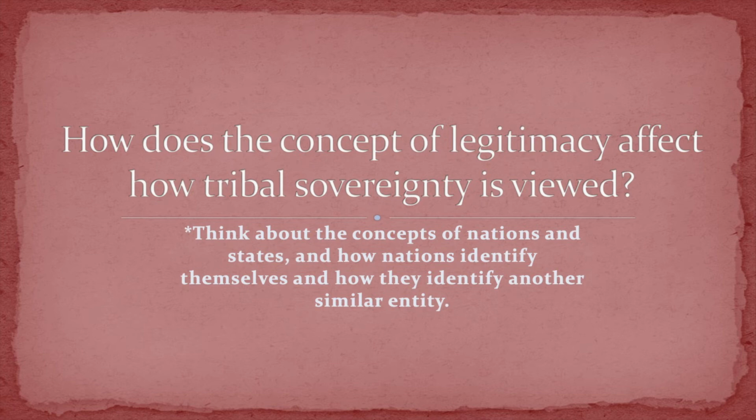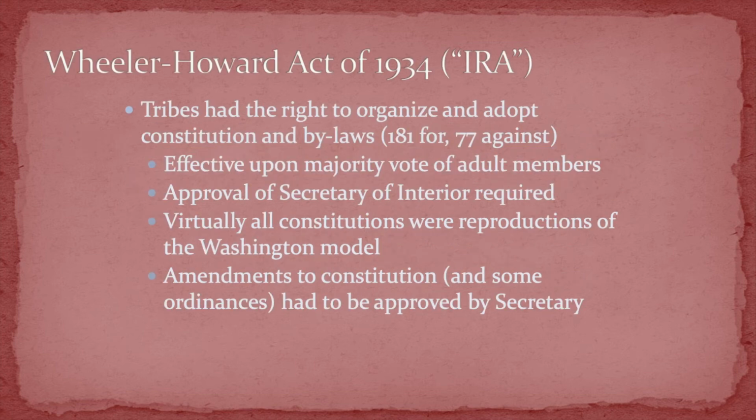And I have to stop and talk about this because now we're going to talk about another federal statute that imposed a Western-style state mechanism to make it easier for the Western-style state to deal with these nations that had a different origin story, a different culture. It's the Wheeler-Howard Act of 1934. You'll hear it referred to as the Indian Reorganization Act.